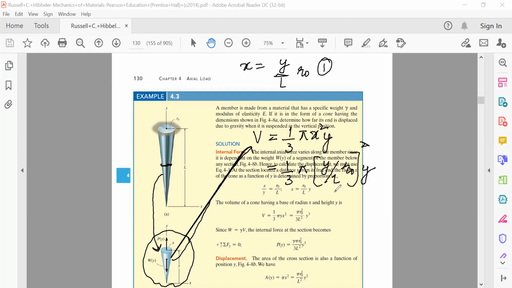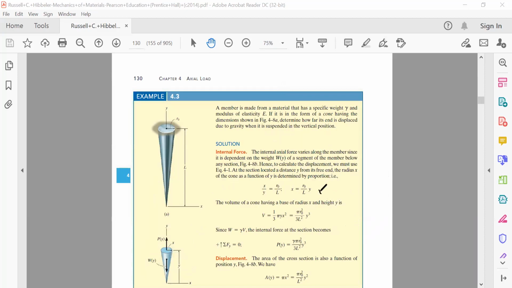If we calculate it, this will come out equal to 1 by 3 pi r naught square divided by L square into y cube. This is y square into y, this will be y cube. This is the same result as is given here. So we have the same value of x, and we have the same value of the volume of this cone. Why are we finding the volume of this section?